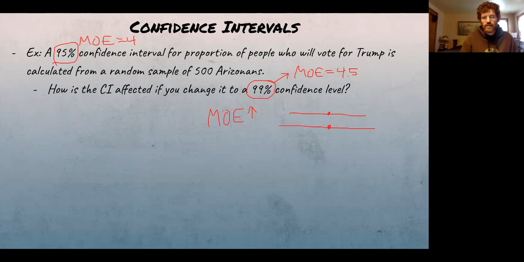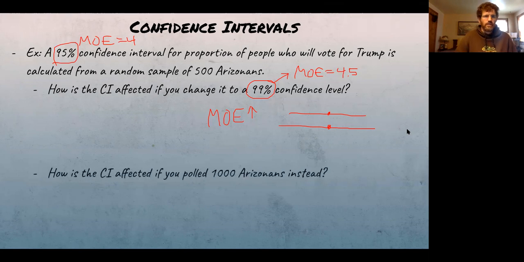The point estimate hasn't changed, but the range of values that we're confident it will fall in has changed. Okay, so how is this confidence interval affected if you polled 1,000 Arizonans instead?